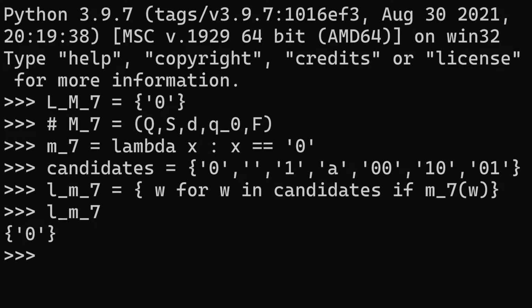An example of something that is not a DFA that recognizes M7: L(M7) as a lambda expression. That's not a DFA, because it doesn't have the 5 components of a DFA: big Q, big sigma, delta, q naught, and F.